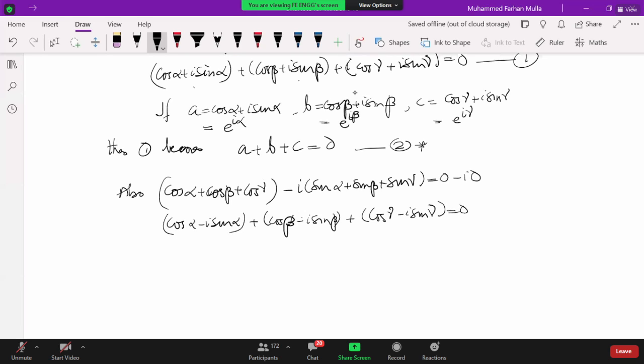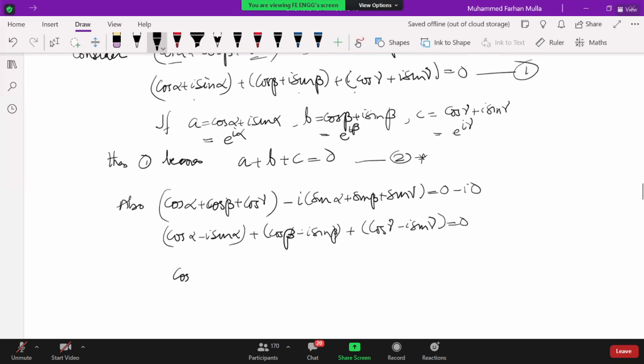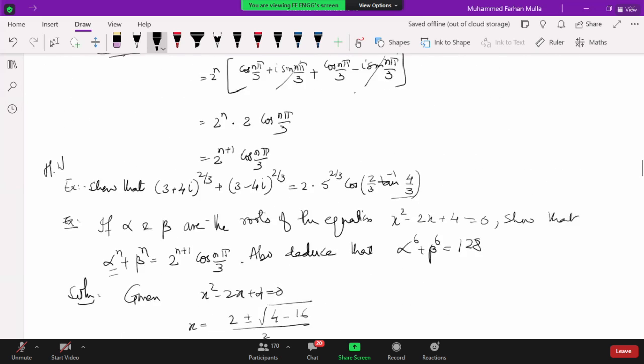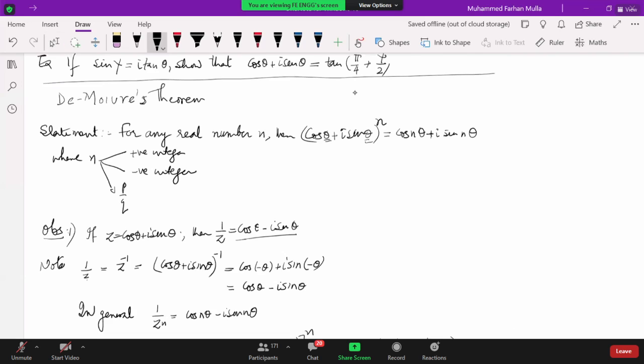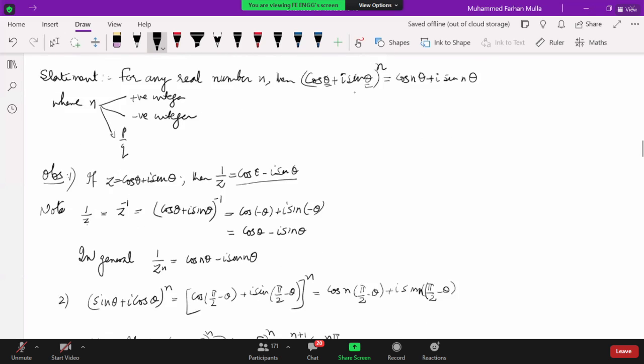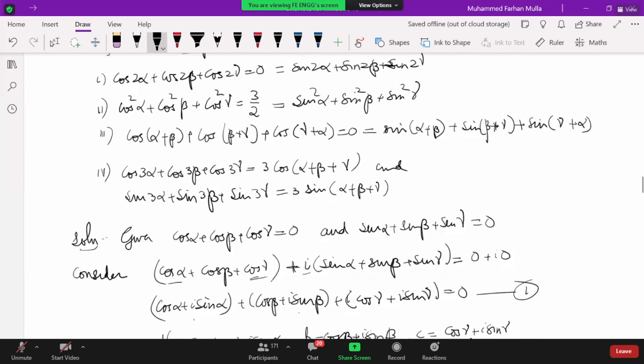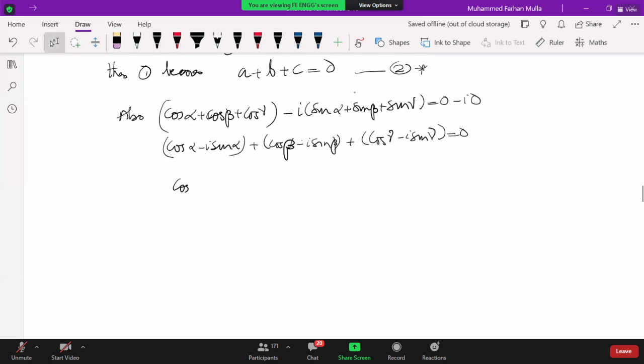So this can be written as, see, cos alpha minus I sin alpha. If you remember, in the beginning itself we have seen, instead of theta, if you take it as alpha, cos alpha minus I sin alpha is nothing but cos alpha plus I sin alpha to the power of minus 1. So that particular idea I am going to use here.